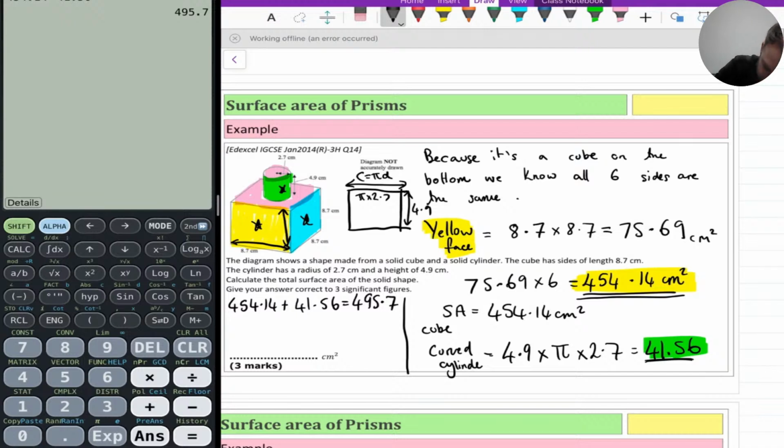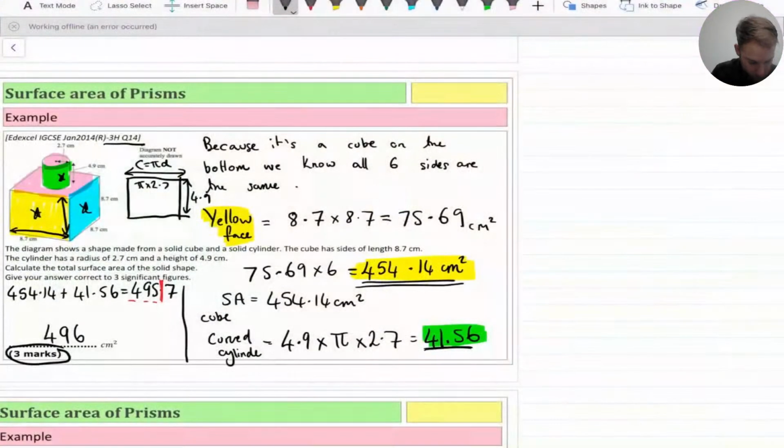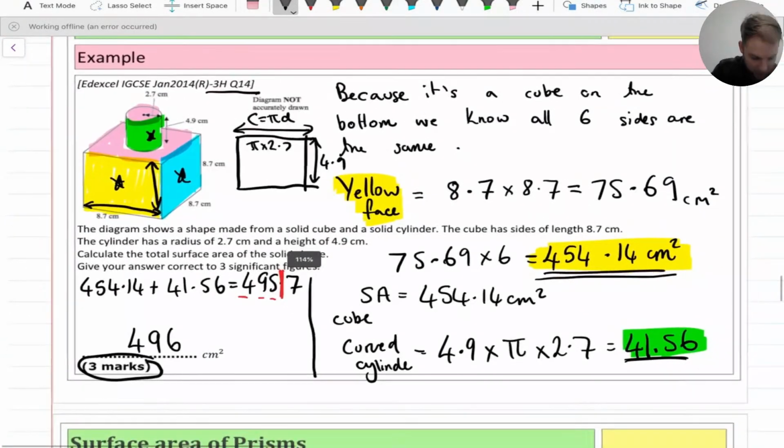So to three significant figures, I'm going to put my line after the first significant figure, 1, 2, 3. That's going to round up, and that's going to be equal to 496. 3 marks, but that is towards the end of the paper, okay? It is tricky, that one. It is really tricky. So let's just check that.